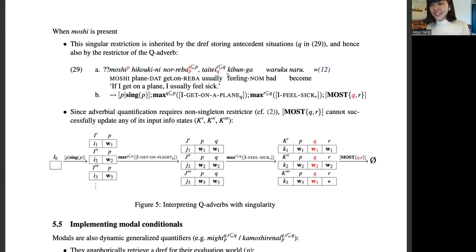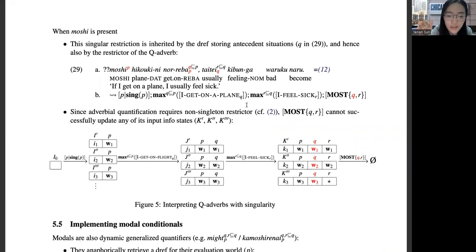Thanks. Okay, Yinan Sun next. Hi, Muyi. Thanks for the very nice talk. I also just have a very minor question. For the conditional antecedents with moshi, I don't know if "a plant" in the Japanese version is singular or not.